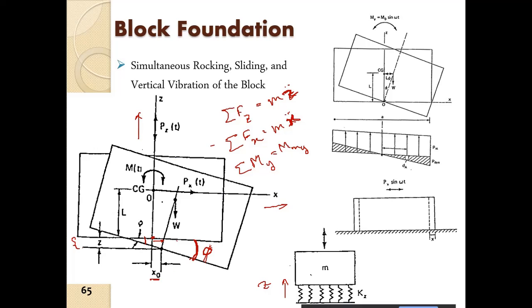If this is phi, then d phi by dt is the angular velocity, and differentiating the angular velocity with time gives the angular acceleration. So these are the three equations of motion, the equations of equilibrium that we need to consider.